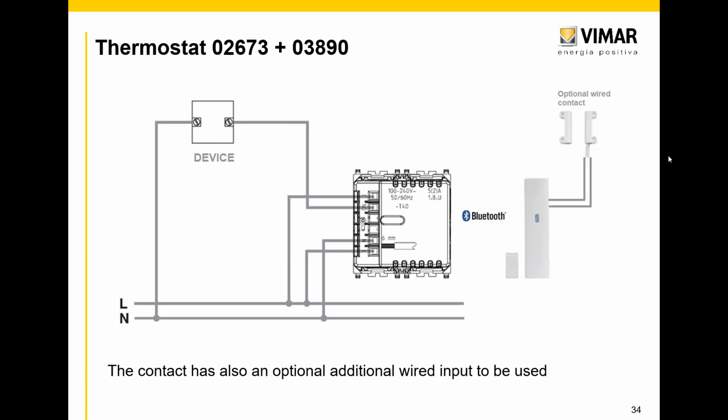This contact can be the magnetic one or another wired contact that I connect to the contact itself, because it has two contacts, one magnetic and one optional wired. So there are two different configurations with two different functionalities. Also, for instance, it can trigger a scenario, like a push button or something like that that activates a scenario.